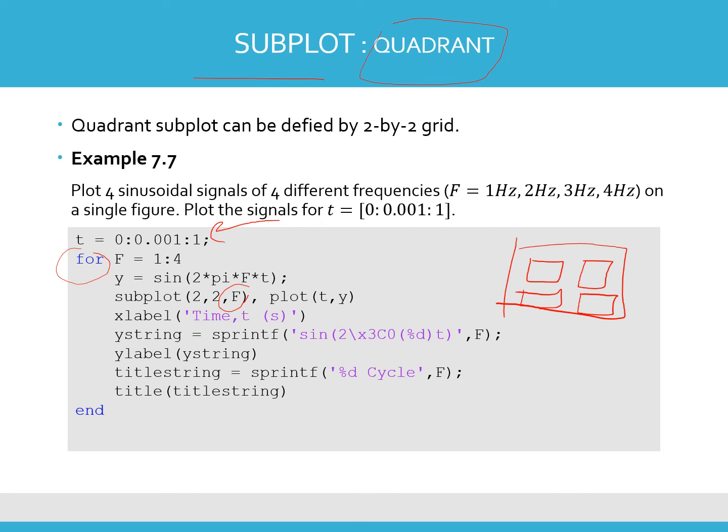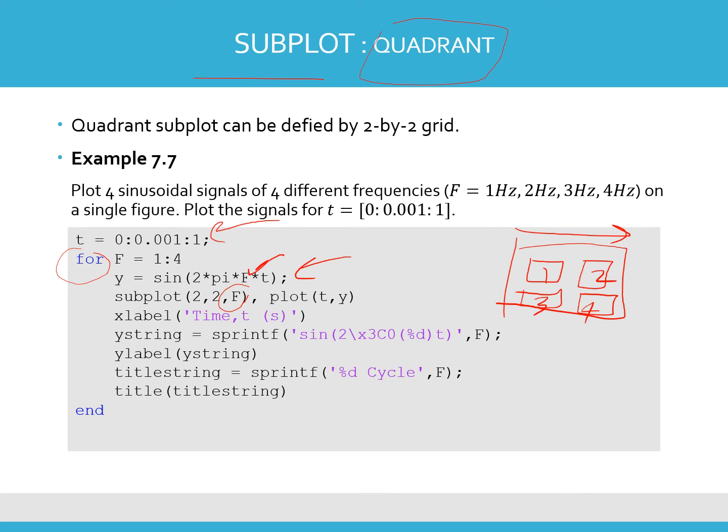And of course, the changing of this one is like this. So 1, 2, after completing it, you start with the second row, 3, 4. So each plot will plot this. But for each plot, F is increasing.